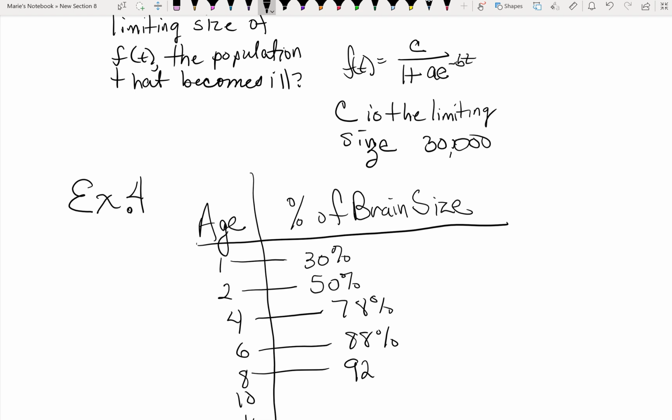I'm drawing the line so that you can follow the pattern because it's not nicely columned. So I just want to make sure. All right. So that's your brain growth at that moment.